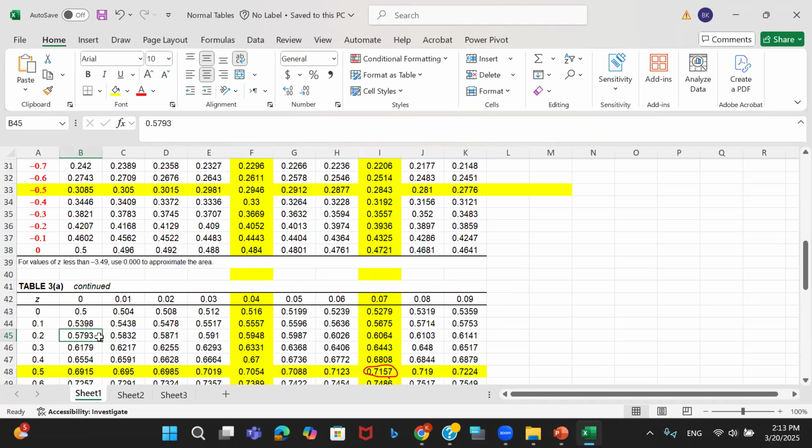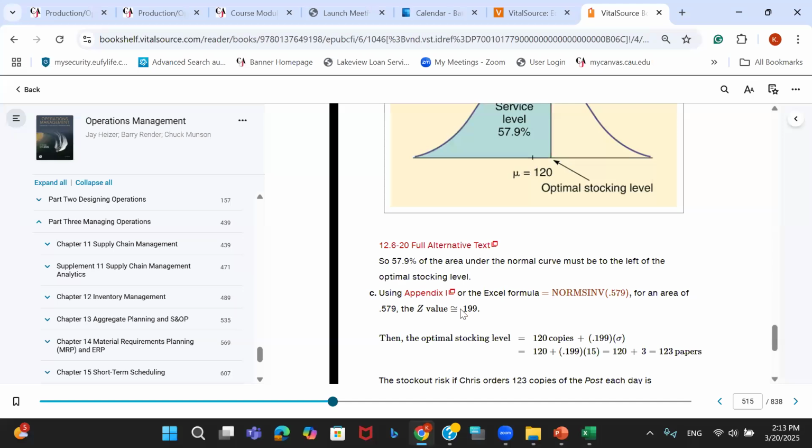But it was 0.57, so it is between 0.199 or 0.29. They found it as 0.199. So the optimal stock level is equal to, we use this equation, 120 plus Z times sigma. Let me copy this.